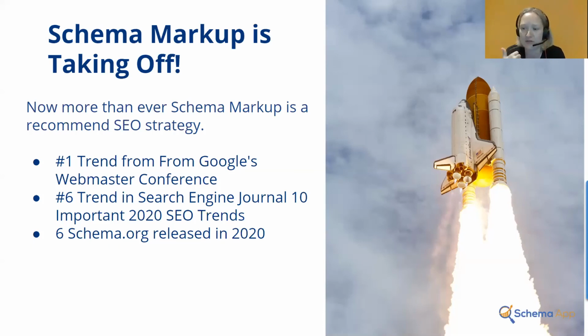We saw the most features, we saw the most releases of schema.org. And then there was a smattering of a top trend from Google Webmaster Conference or number 6 of 10 trends that you should be doing in 2020. And then as we've started 2020, we've already seen 6 releases of schema.org. It's unprecedented.